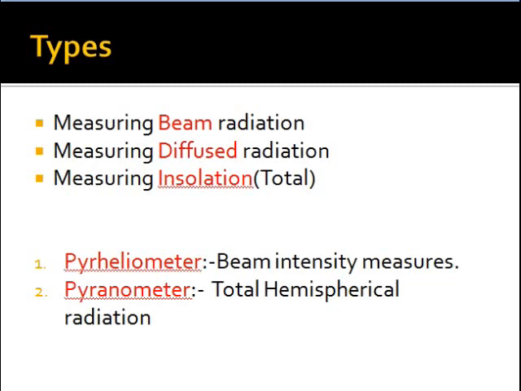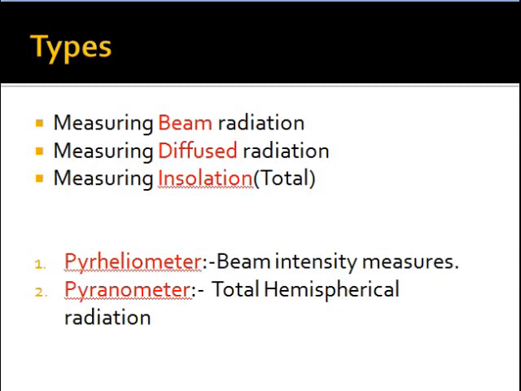We have two main categories of solar radiation measurement devices. One is the pyrheliometer and the other one is the pyranometer. There is one more device that is called the sunshine recorder. The pyrheliometer is used only to measure the beam radiation.